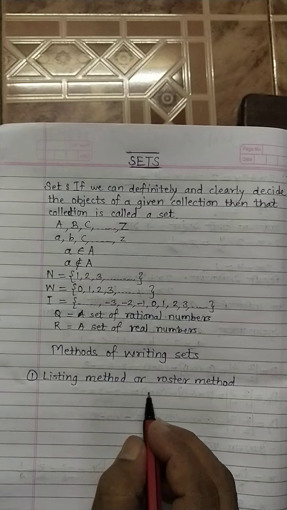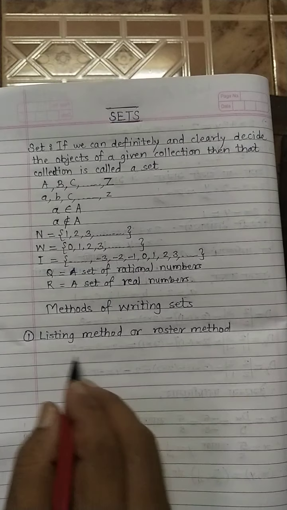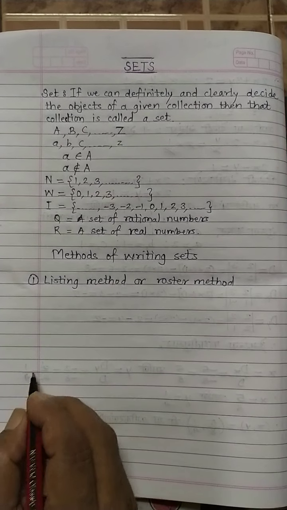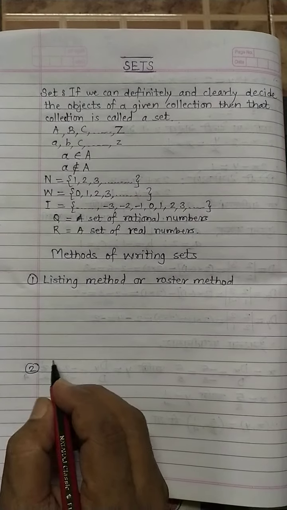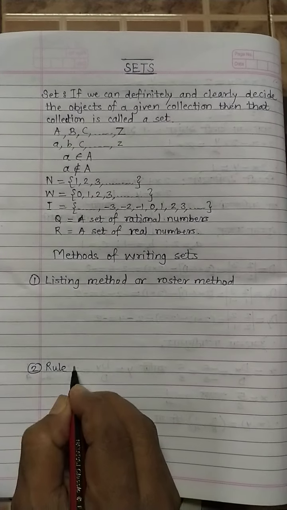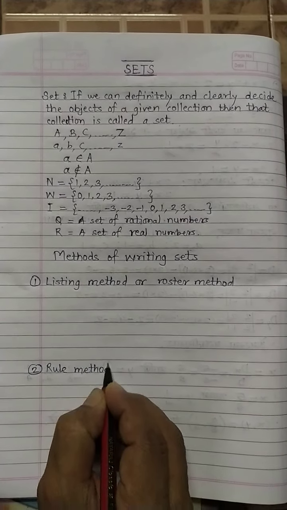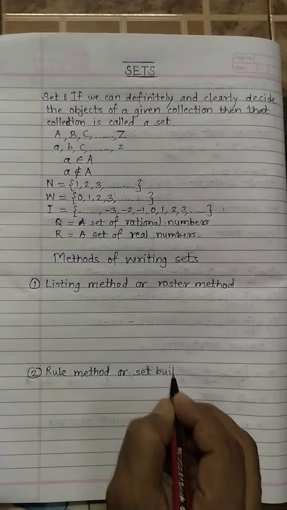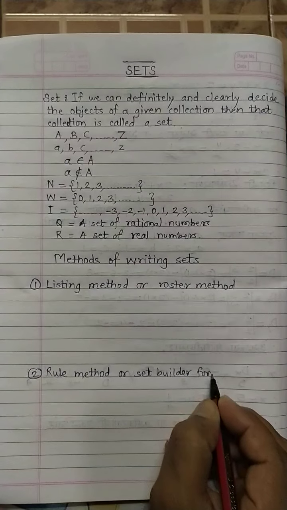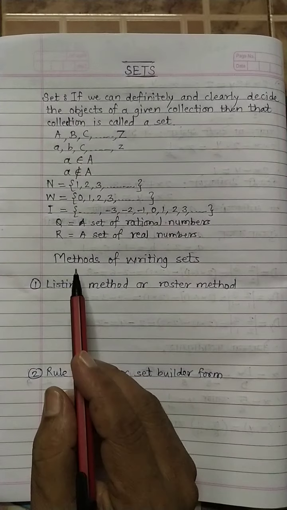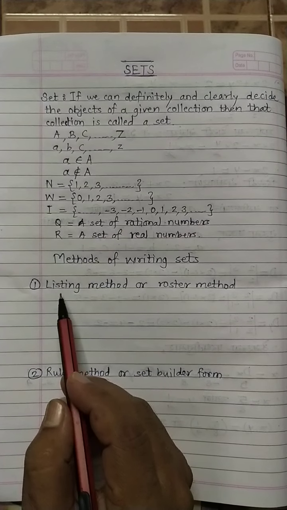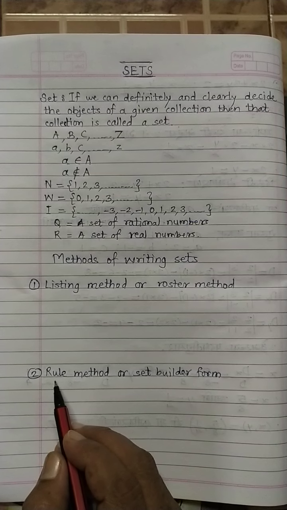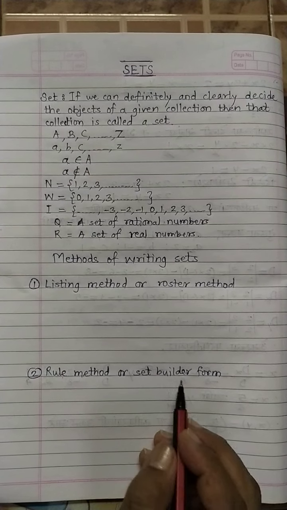Means listing method or roster method. And the second one is a rule method, or it is called as set builder form. So there are 2 methods of writing sets. First one is listing method or roster method, and second one is rule method or set builder form.